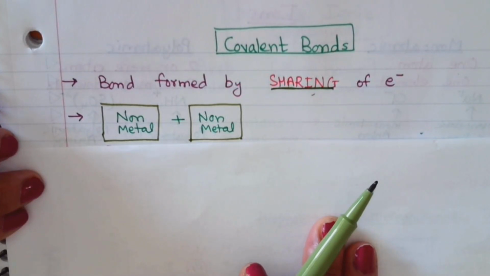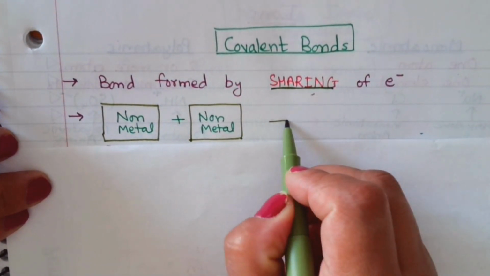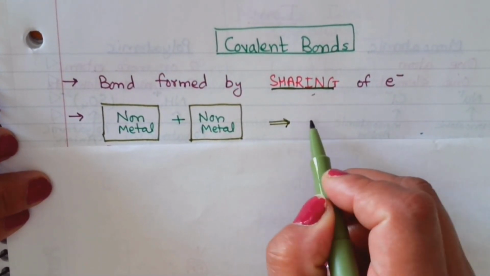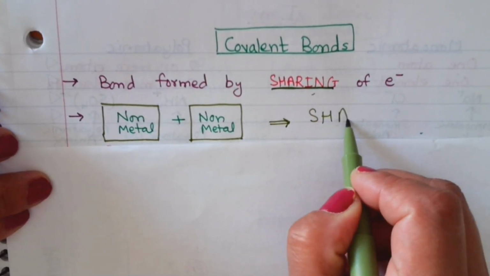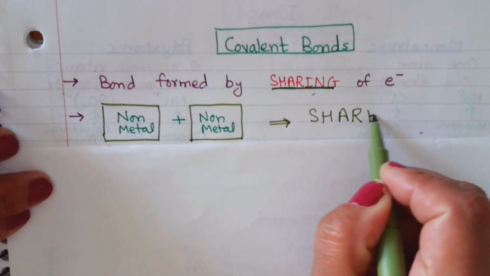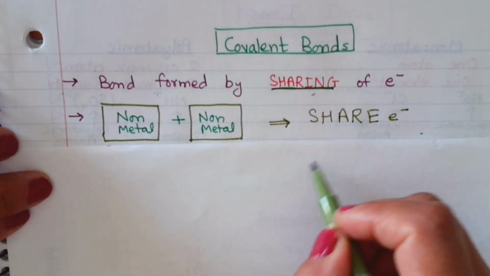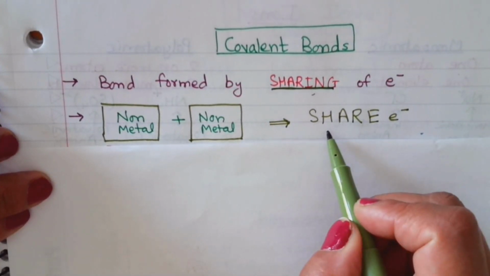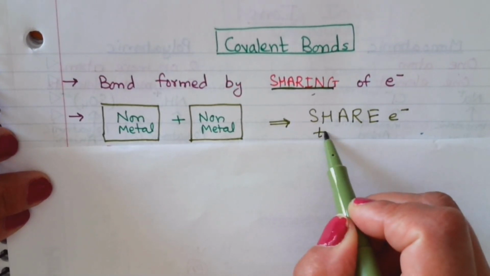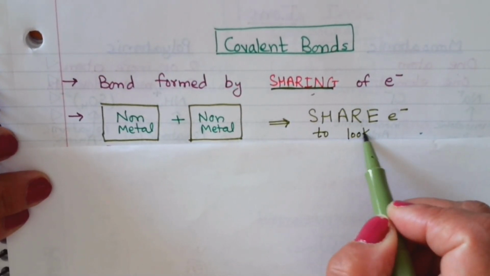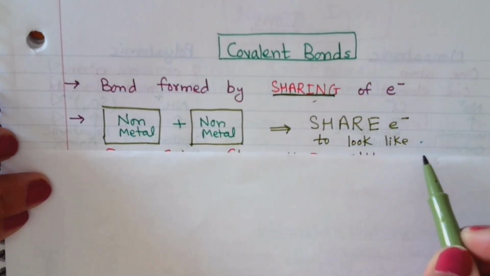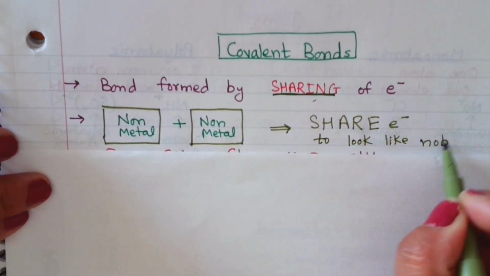So what do they do? Instead of losing or gaining electrons, they like to share electrons in order to look like noble gases.